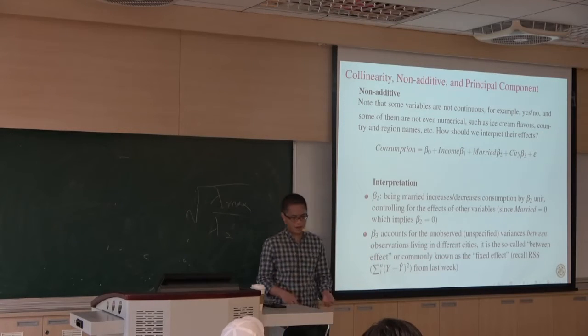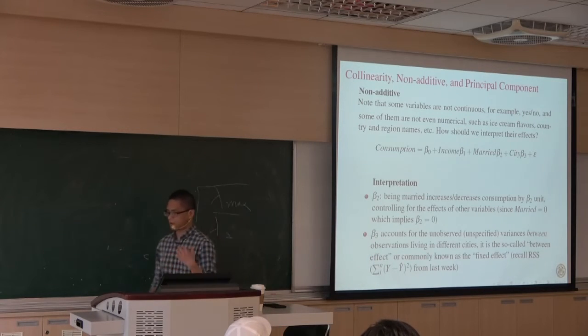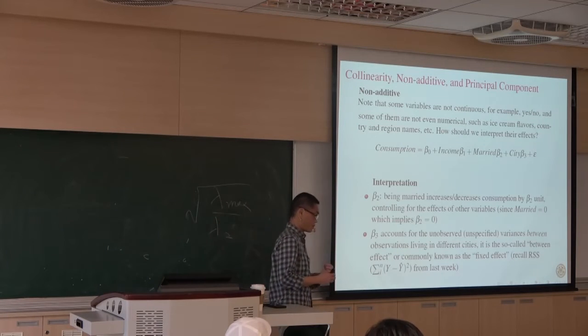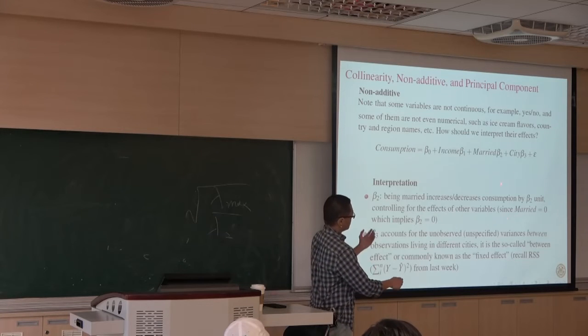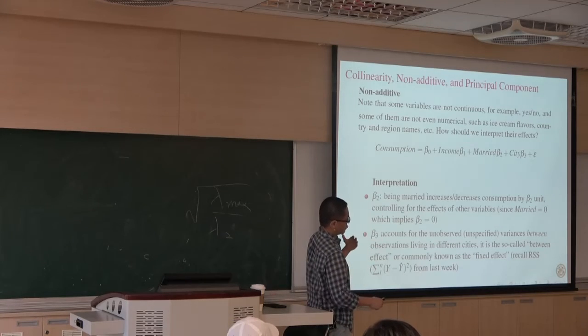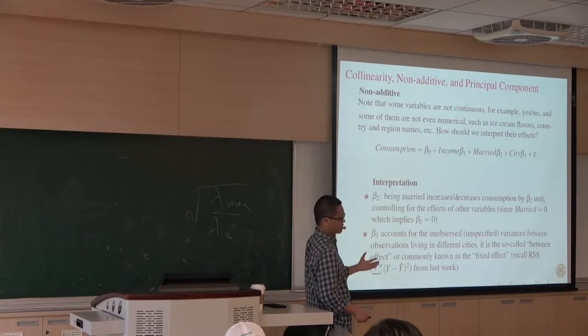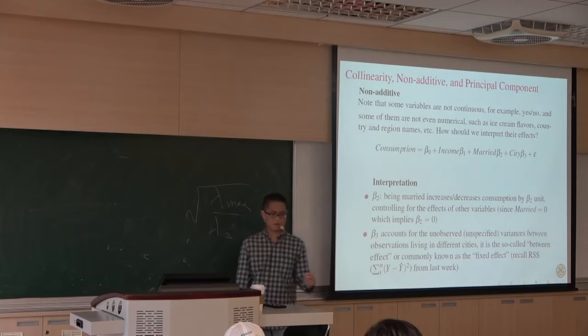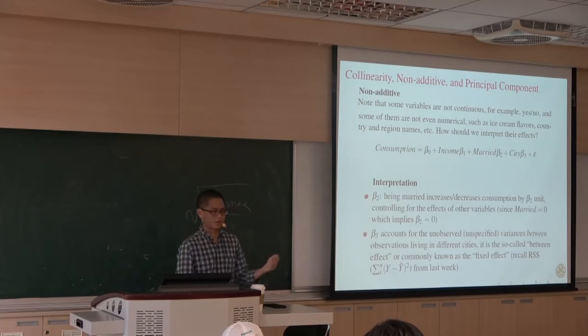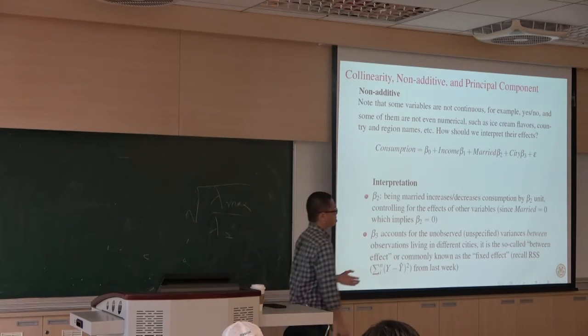But of course, there's a variety of marital statuses, such as cohabitation or a natural marital relationship. Maybe the location of your residence also affects your consumption pattern. Living in London or New York, the standard of living is much higher, so you're expected to spend more.